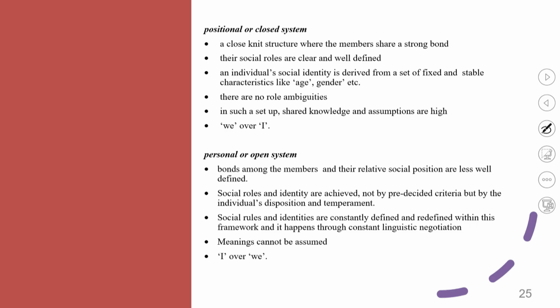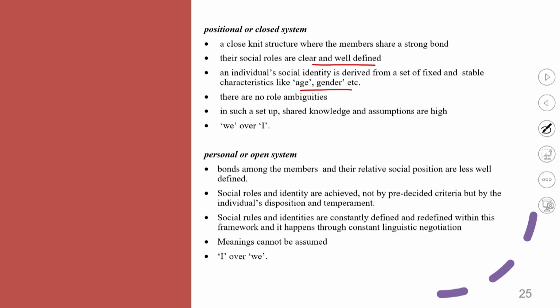So, a positional structure is a close knit structure where members share a strong bond, and their social roles are clear and well defined. An individual's social identity is derived from fixed categories like age, gender, etc. So, there is no ambiguity, as a result of which it is a very close knit, small kind of system.